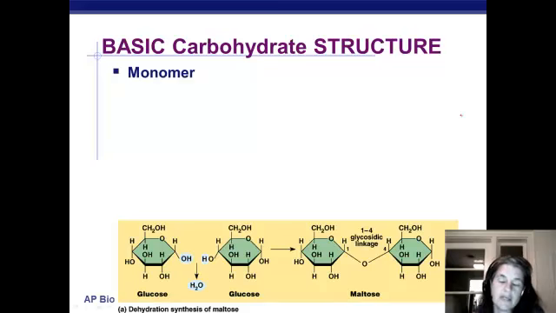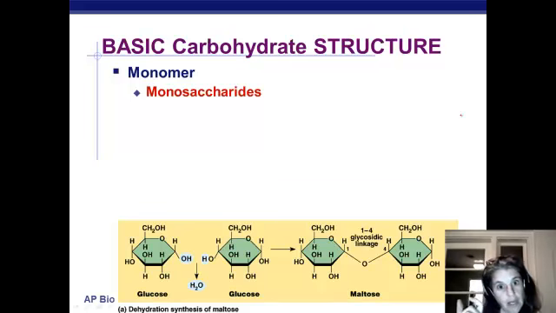If we take that theme and translate it to carbohydrates, we start with the monomers. What are the little basic building blocks that we're going to be fusing together to make more complex carbohydrates? The basic carbohydrate building block is called a monosaccharide. Saccharide always means sugar, and mono means one, so one sugar. That's your basic building block.